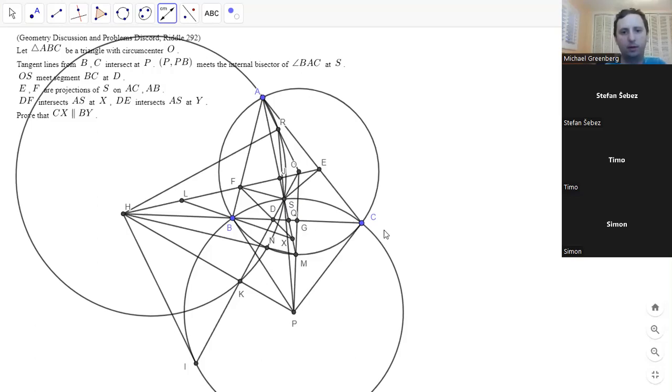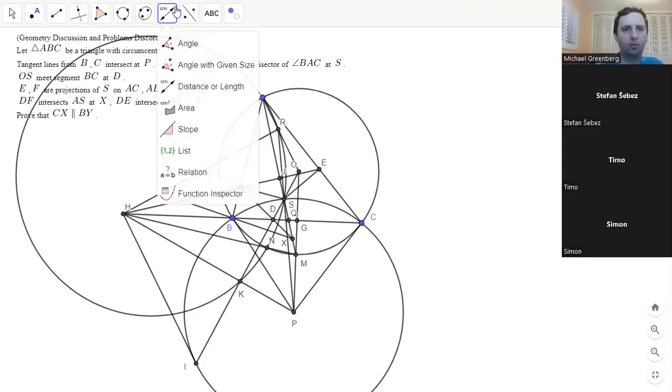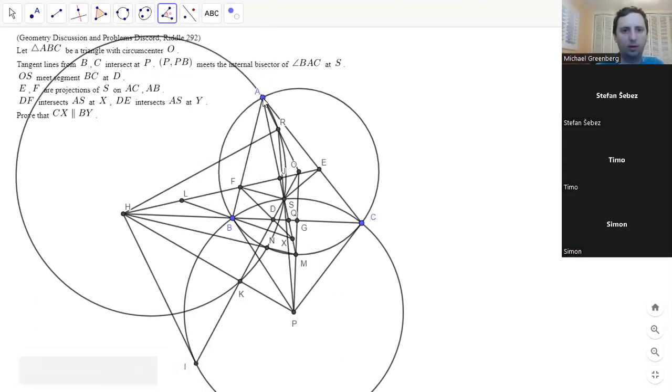SBC is half of SPC. Oh no, we would want to show, yeah, this angle.